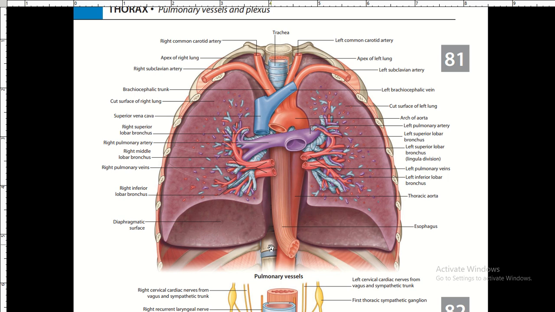So if there is what you call liver cirrhosis or fibrosis of the liver, there's going to be hypertension in the portal vein, and this hypertension is going to lead to what you call esophageal varices.